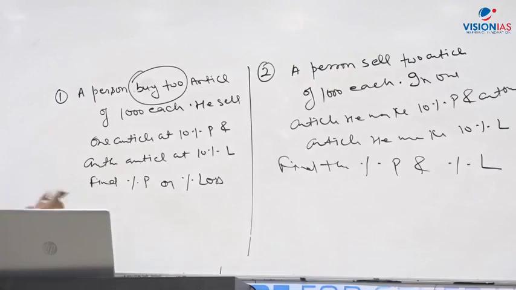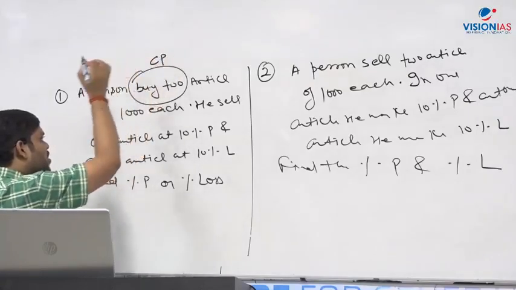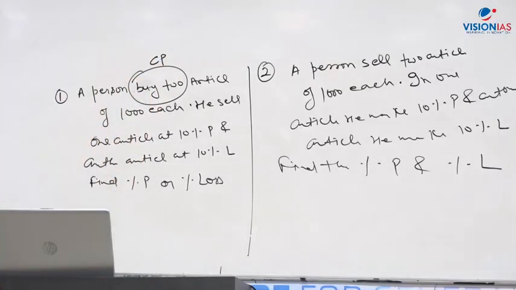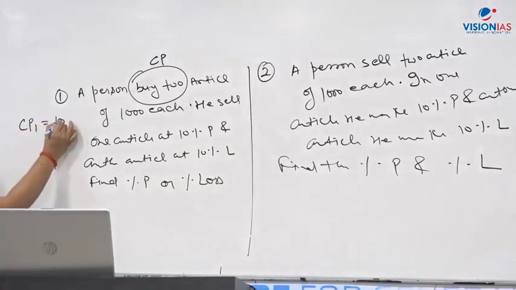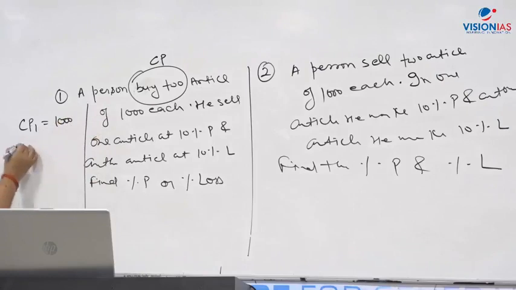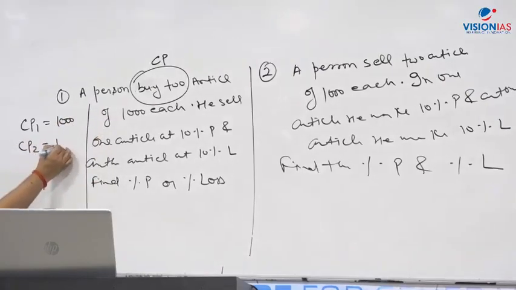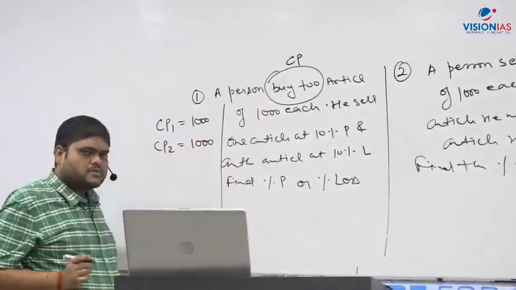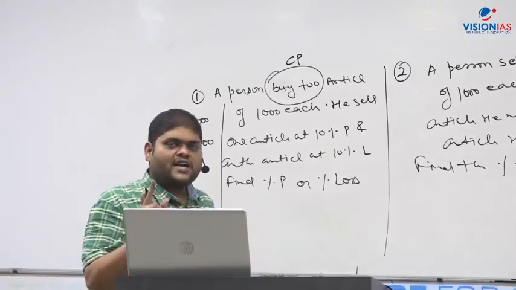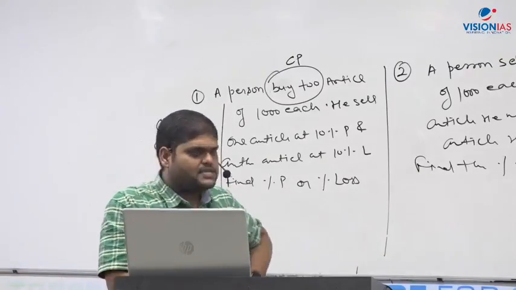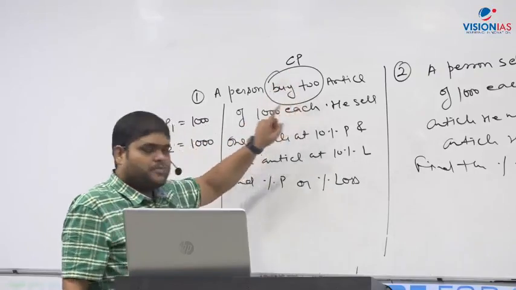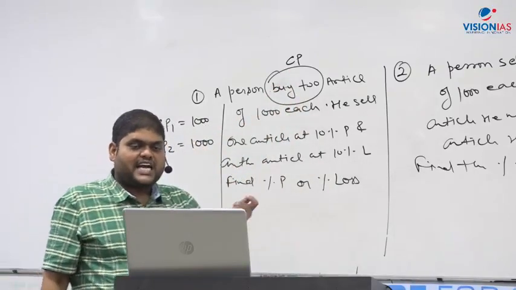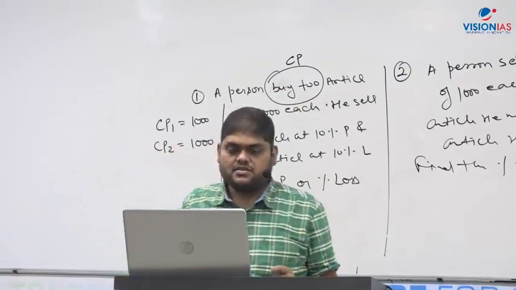That means the cost price is given. The cost price of the first article is 1,000, and the cost price of the second article is also 1,000. Why cost price? Because he is buying, and when people buy, that will be the cost price.